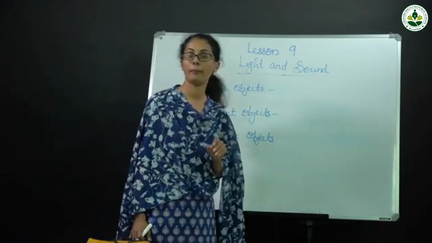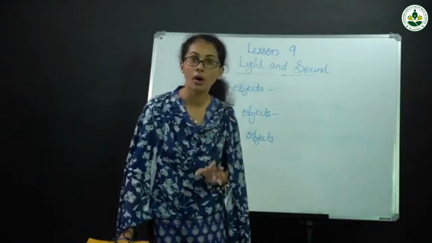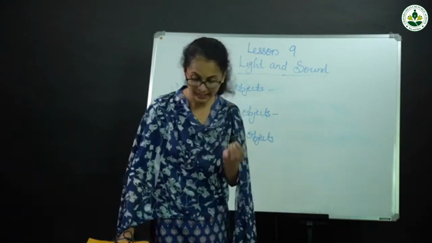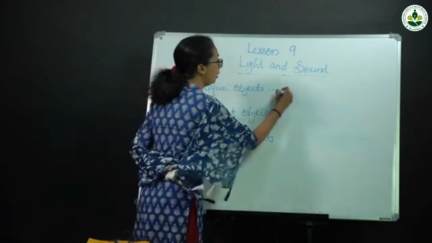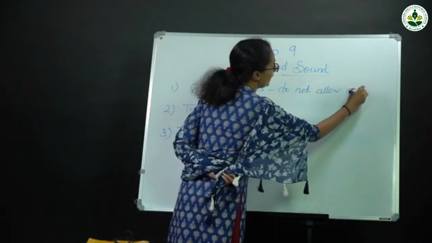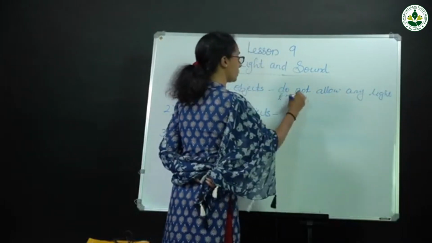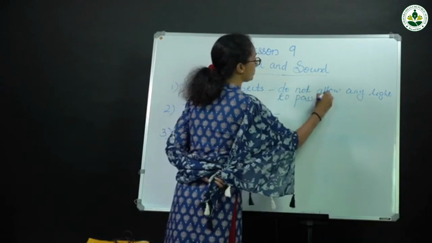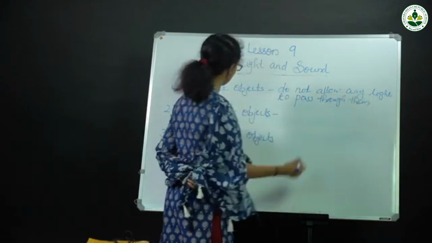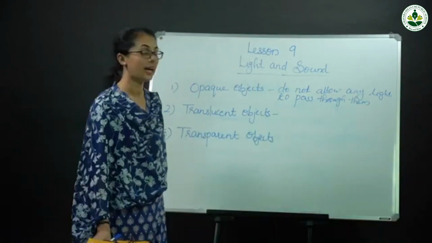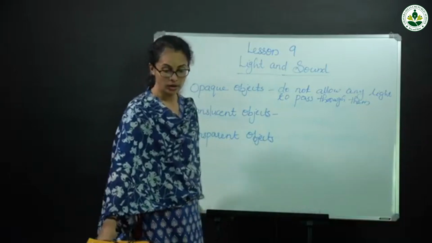First one is opaque objects. They do not allow any light to pass through them.